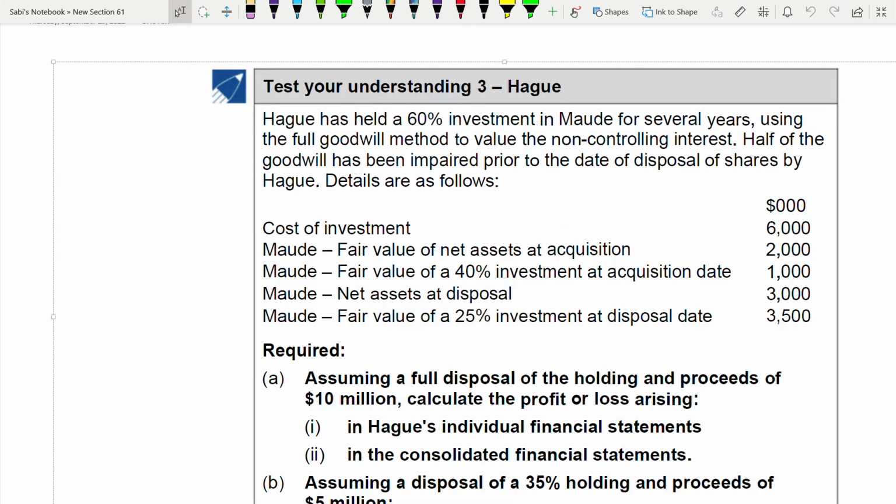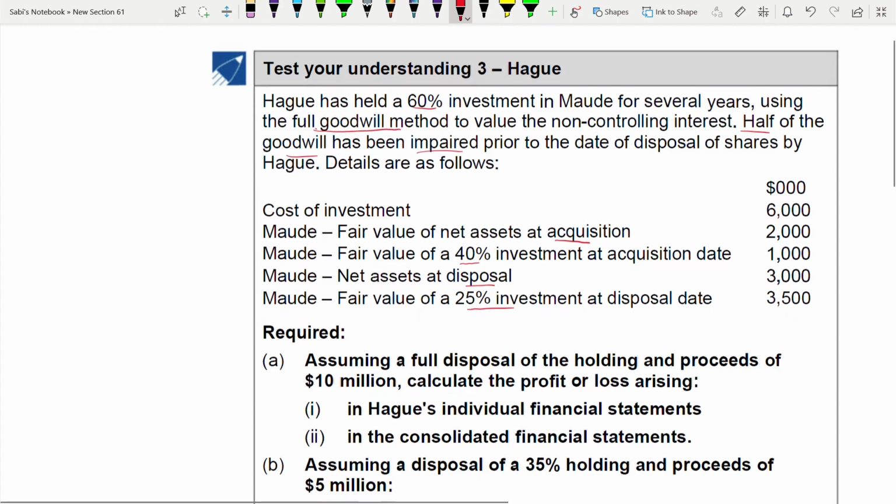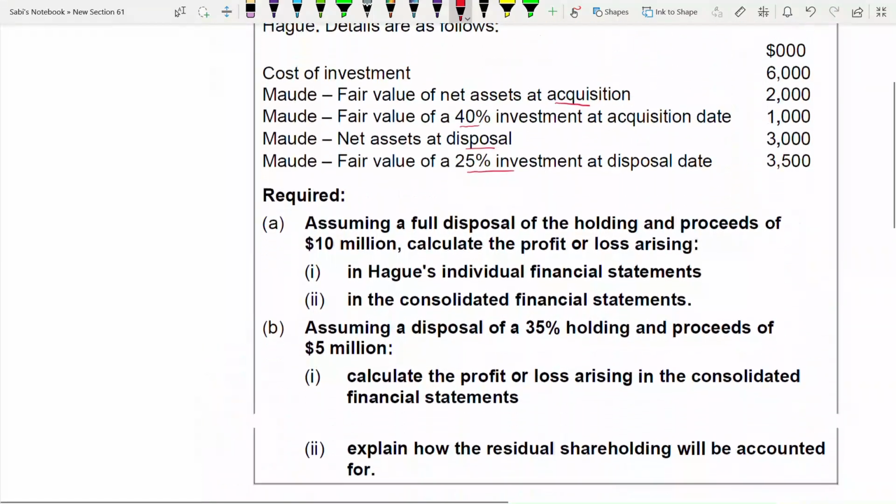Test your understanding 3. Here you have a 60% investment and the full goodwill method is used. Half of the goodwill has been impaired. You have been given the cost, fair value of net asset at acquisition, fair value of net asset at disposal, the fair value of the 40% investment, and the fair value of the 25% investment.